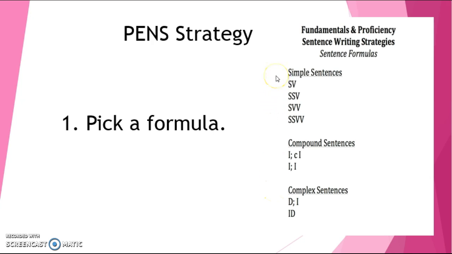So right now we're going to be working on the formulas that are these first top 4 simple sentences. SV, which would be a subject verb, SSV, which would be 2 subjects and a verb, SVV, which is a subject and 2 verbs, and then 2 subjects and 2 verbs. So those are going to be the different formulas that we're going to be working on. So it's very important for you to first pick your formula when you're working on sentences.